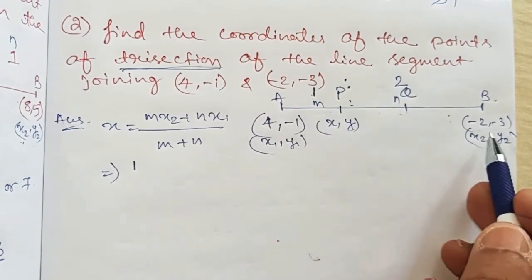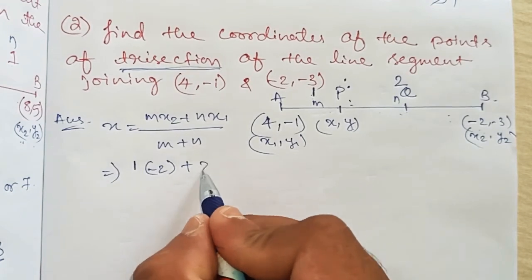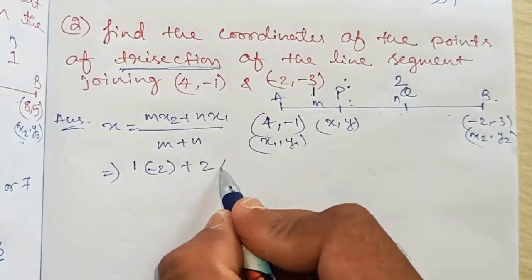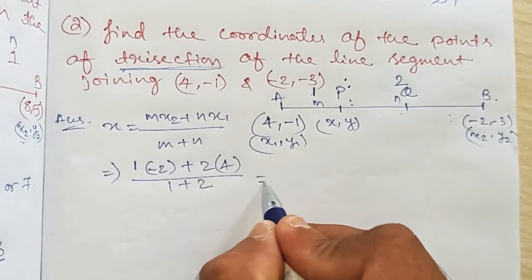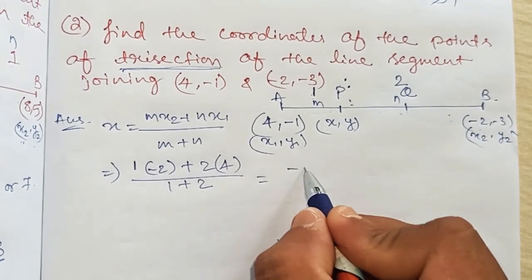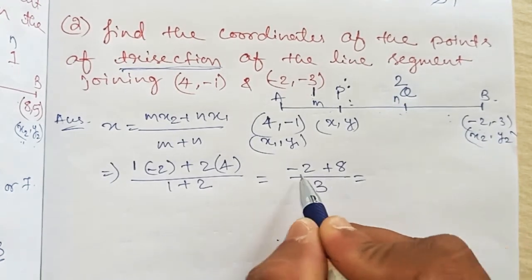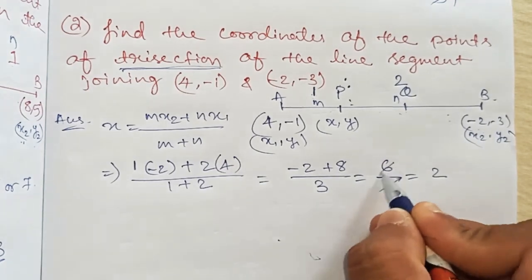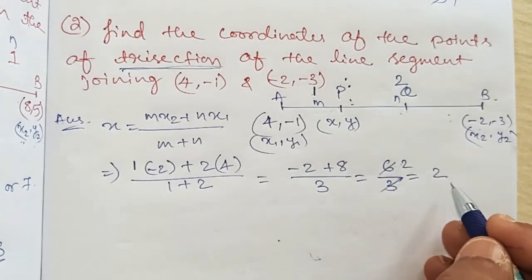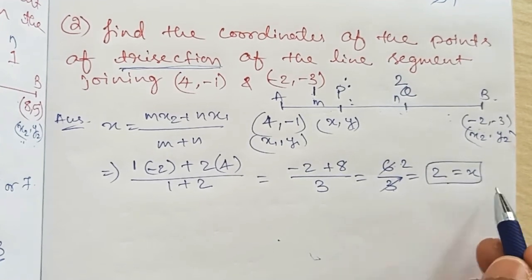Now 1 into minus 2, x2 is minus 2, plus 2 into, that is n into x1 is 4, divided by 1 plus 2, that is m plus n. 1 minus 2 is minus 2, 4 2s are 8, divided by 3. 8 minus 2 is 6 by 3 is 2. So 2 is the value of x.